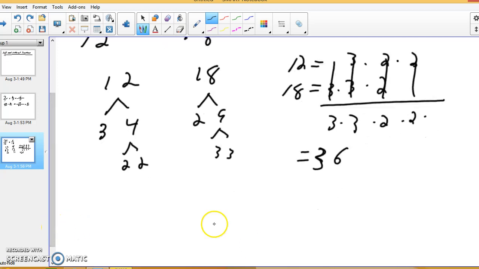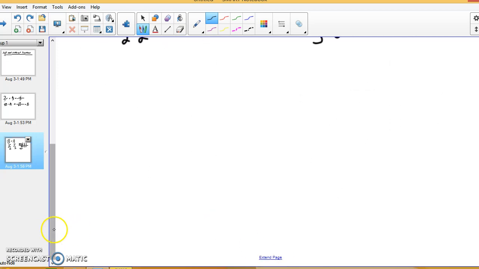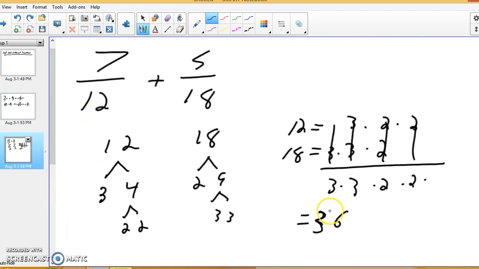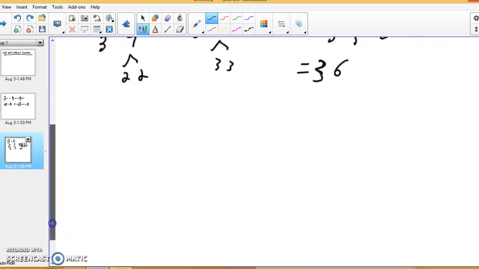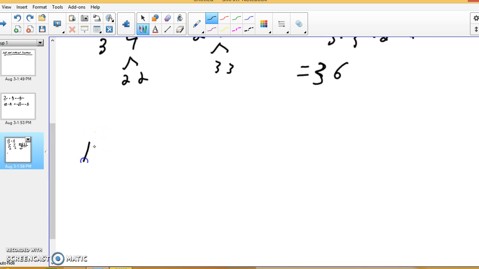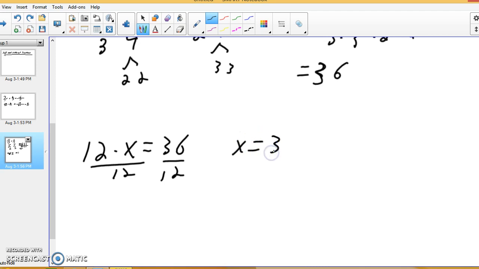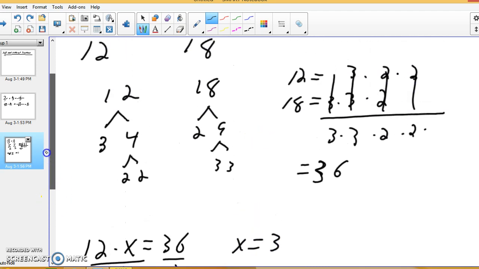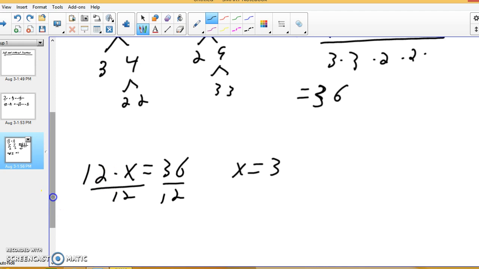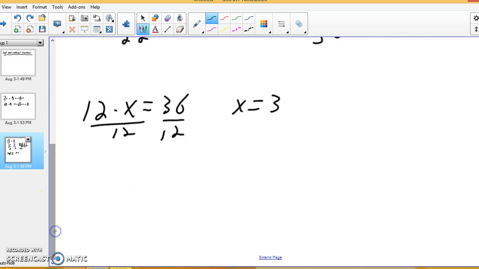Well, how do we turn 12 into 36 and 18 into 36? That is just where 12 times what is equal to 36. In this case, we divide both sides by 12. X is equal to 3. So that means we have to multiply 12 by 3 to get 36.